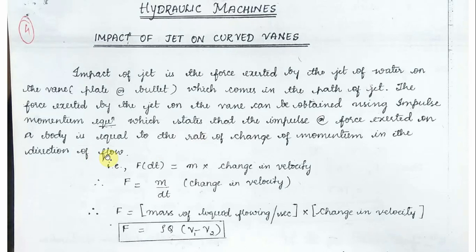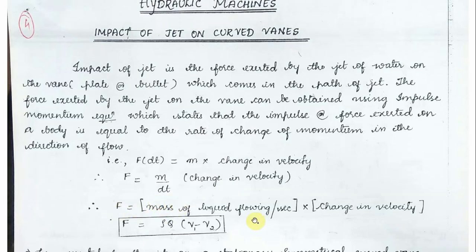That is, the rate of change of momentum in the movement of the water, in the direction of the flow. That is, F dt equals m into change in velocity. Therefore, force F is equal to m upon dt into change in velocity. Therefore, force F is equal to the mass of liquid flowing per second into change in velocity.